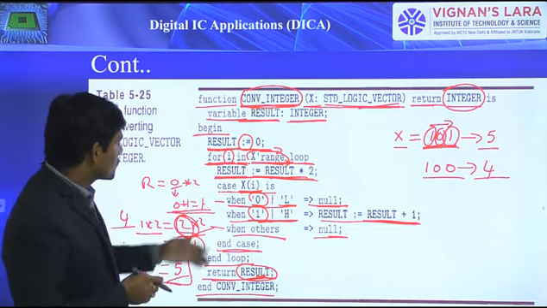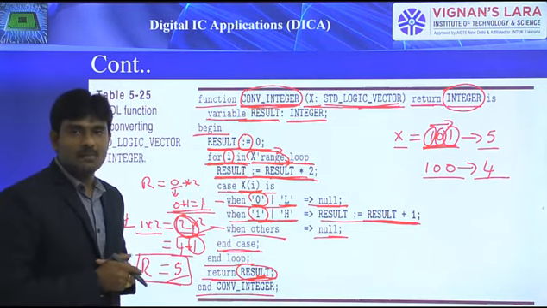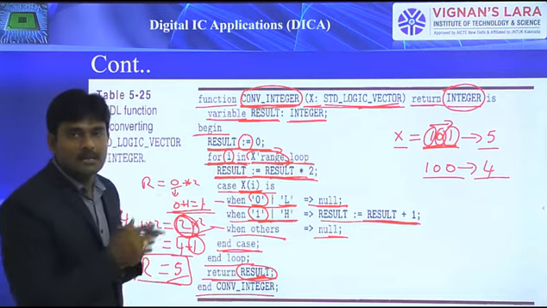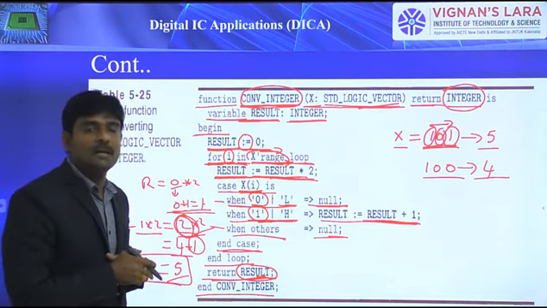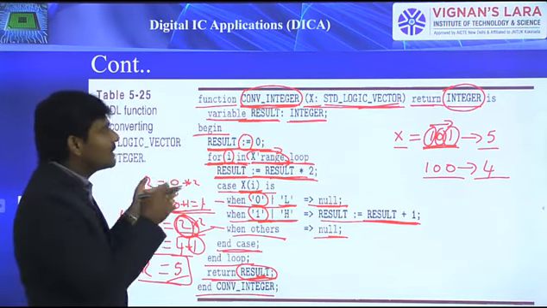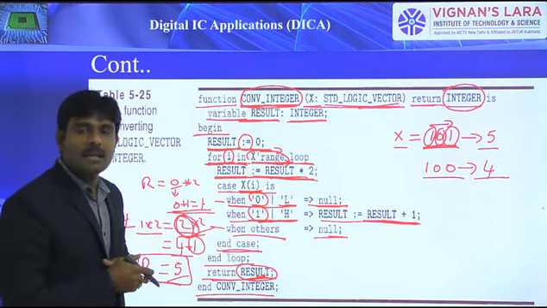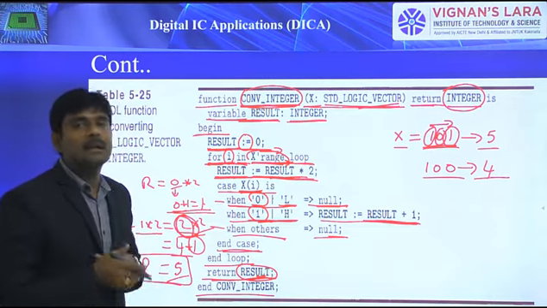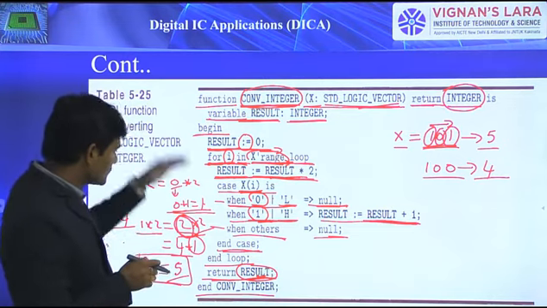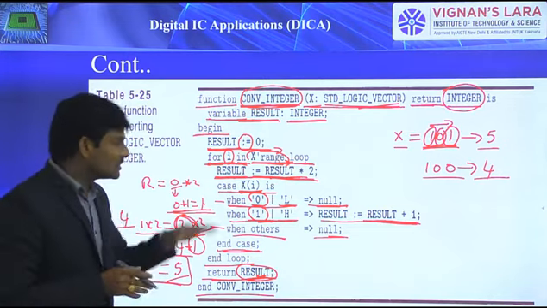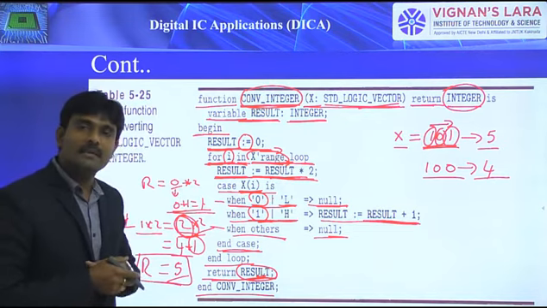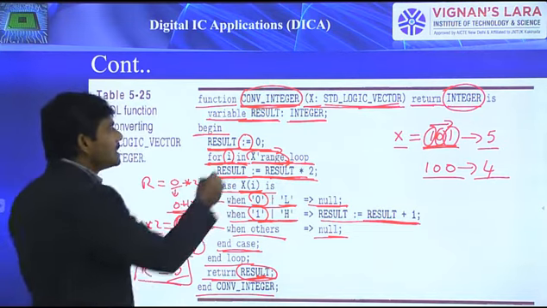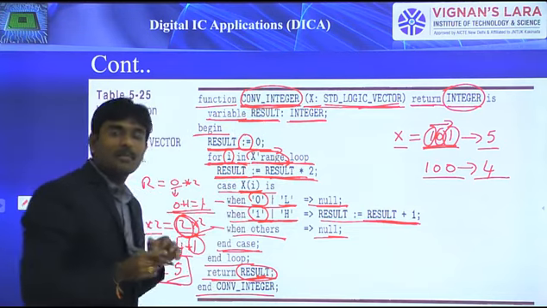So this is how to consider that particular function program, and using this particular function you can convert a binary form into an integer. In another way, you can also say it is converting std_logic_vector into an integer. So this is how we can achieve it. Using this functionality only, in several places we considered that particular function call, where we used convert_integer of inputs.